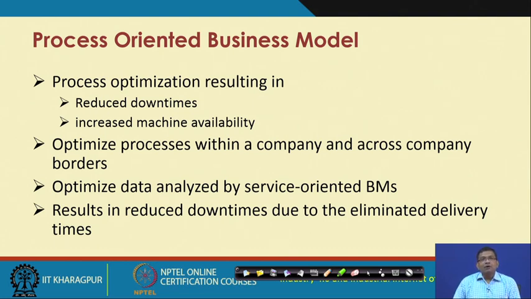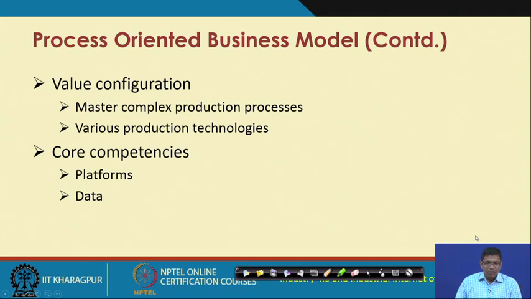So, optimization of these processes, optimization of the data that is analyzed by the service oriented business model that we talked about earlier, and the result of this process oriented business model is reduced downtime due to eliminated delivery times.